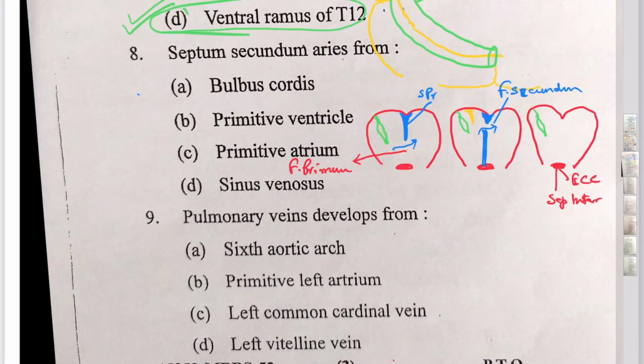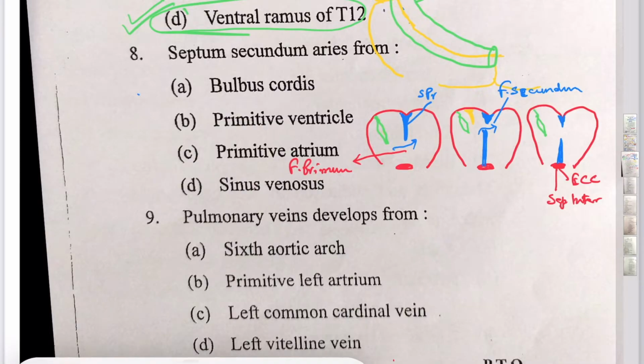This also gradually descends down and approaches the endocardial cushion. So what is going to happen next, just see here, this will gradually diminish, right? So there will be an opening left here. The opening was foramen secundum.